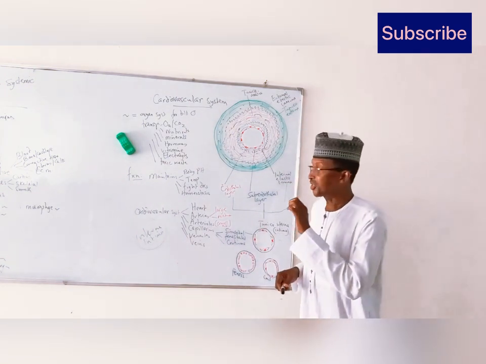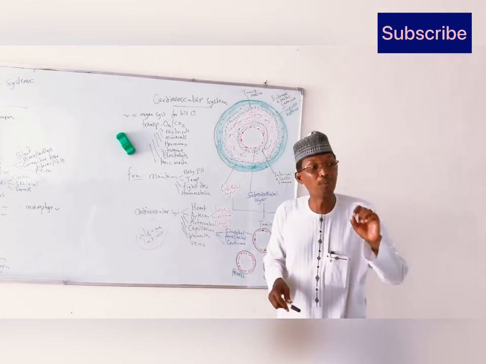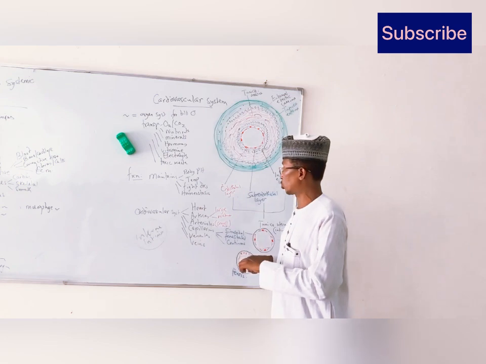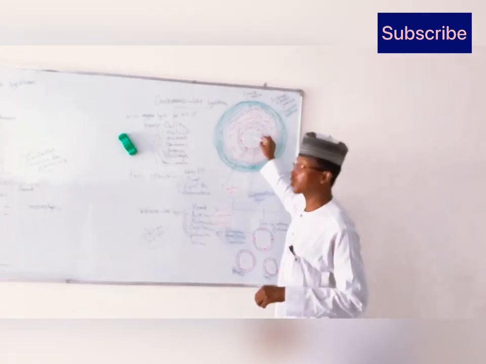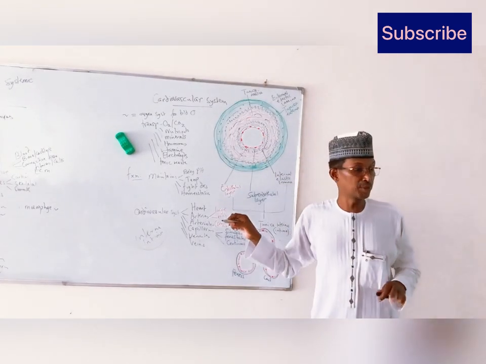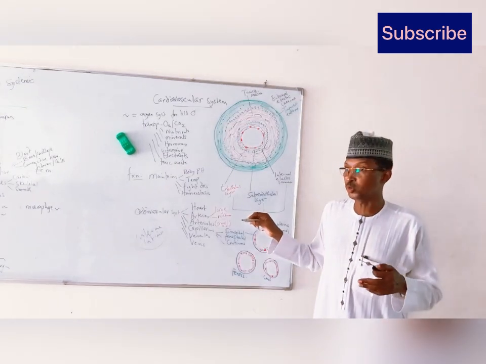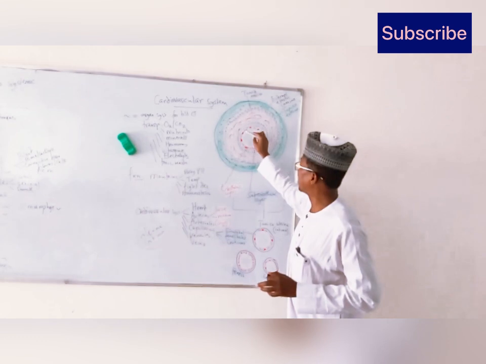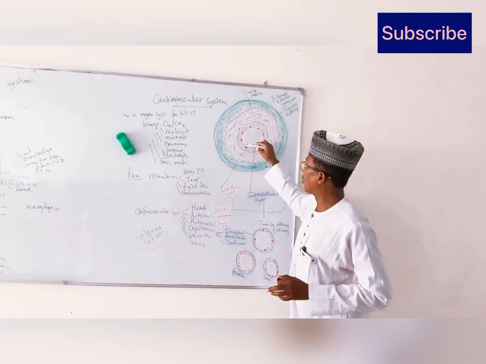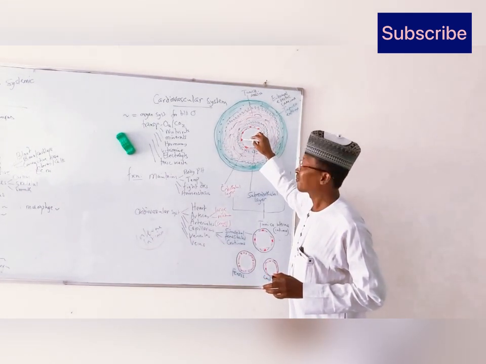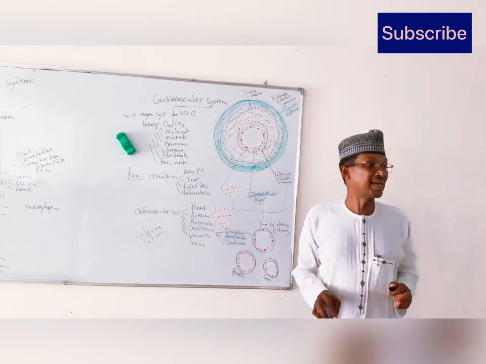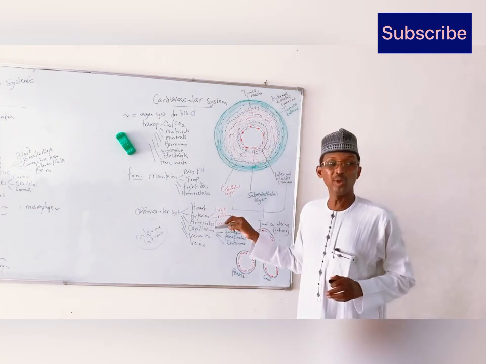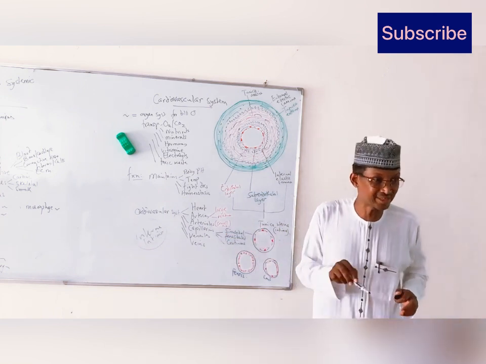So the epithelial tissue, we have what you call simple epithelial tissue. That simple epithelial tissue consists of this simple squamous epithelium. When you hear this word squamous, it means flat. So you have the internal layer basically made up of simple flat cells. Because they are located inside, they are called internal flat cells.